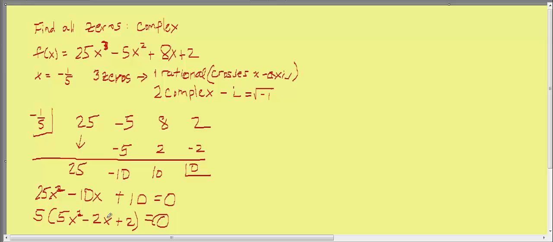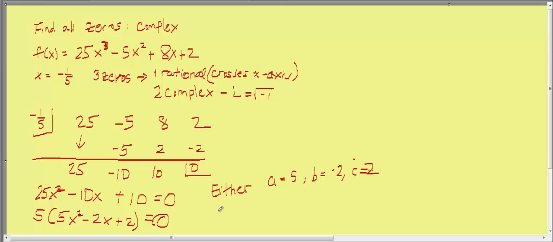I can either put these smaller numbers, these coefficients, in the quadratic formula, where you could use A is 5, B is -2, and C is 2.